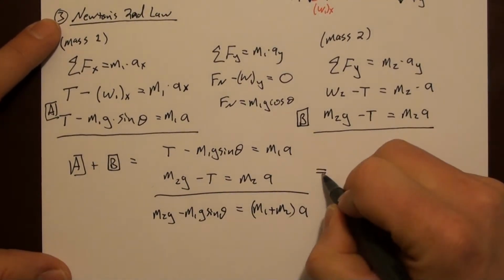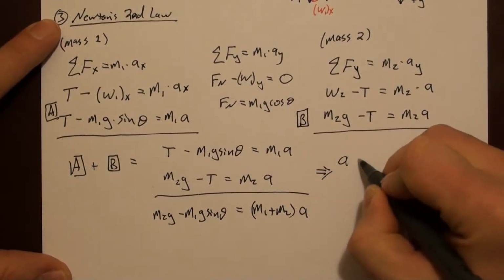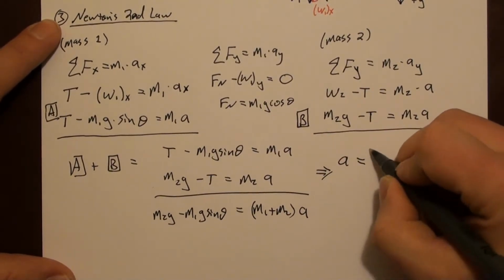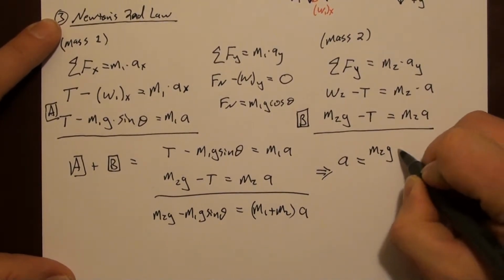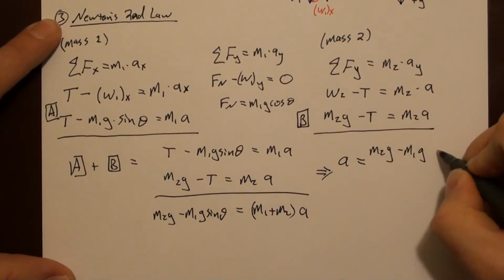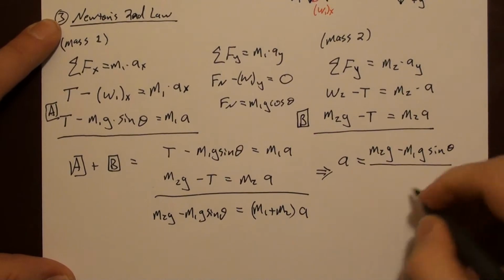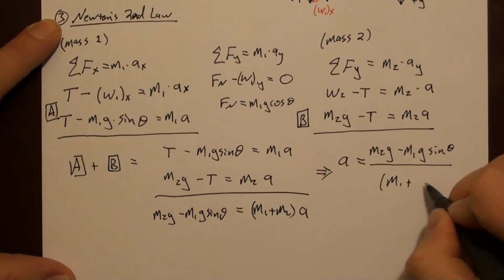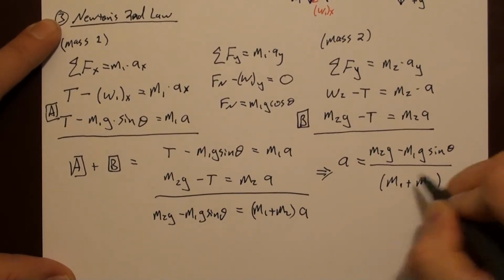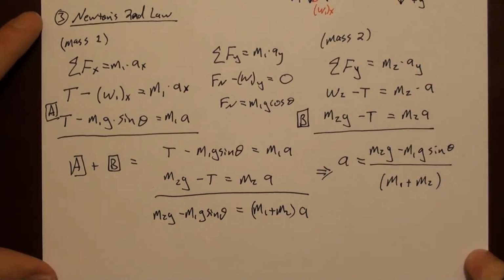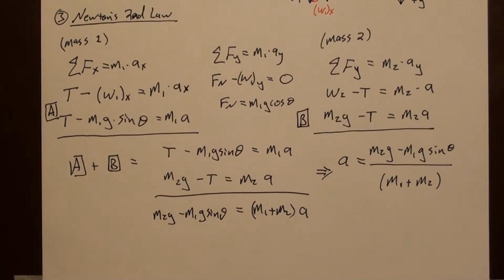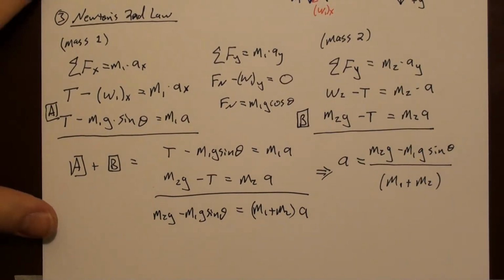Okay, putting that all together, it looks like a equals m2g minus m1g sine theta divided by m1 plus m2. Alright, so now I can plug in numbers, right?